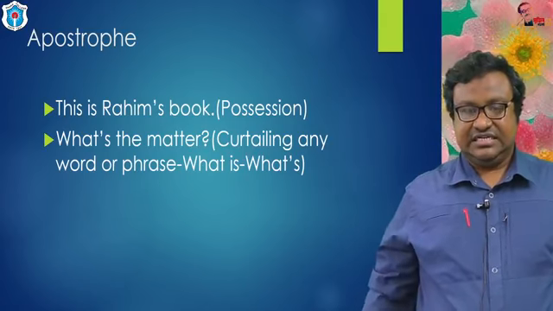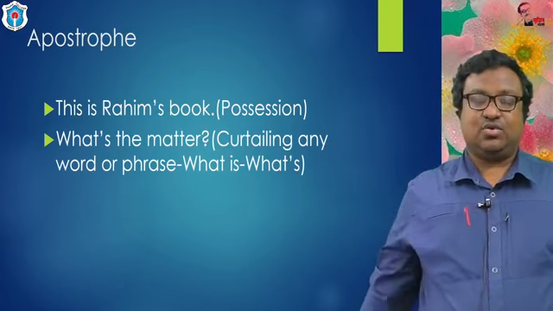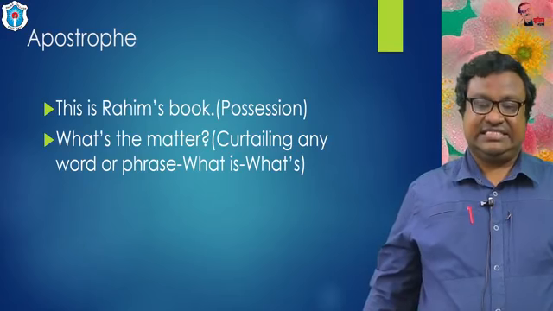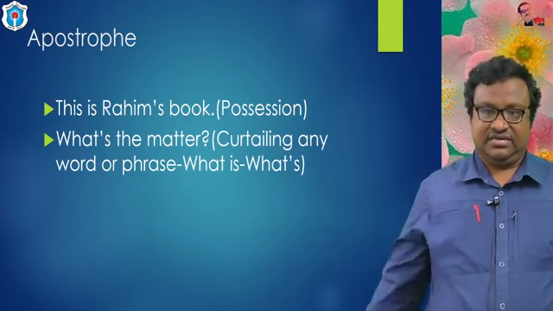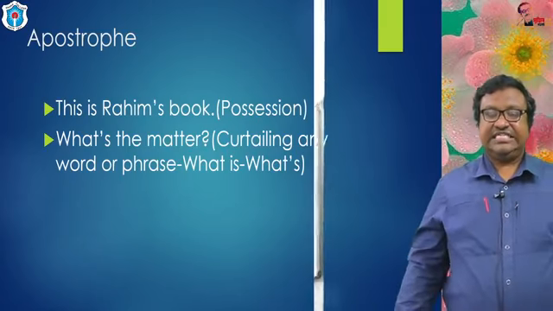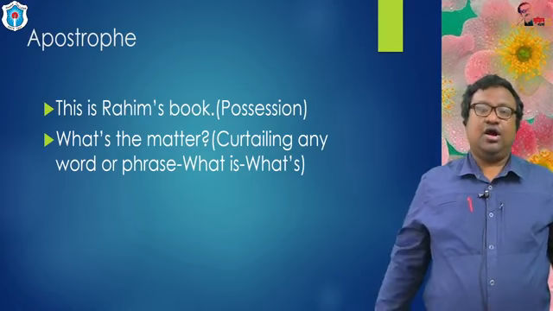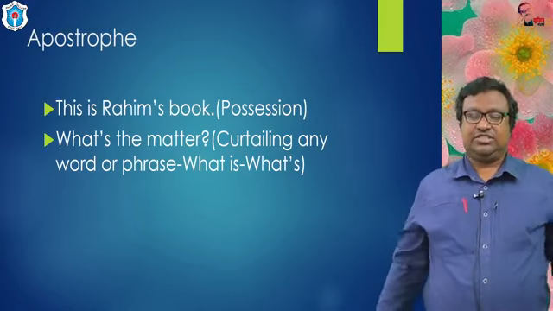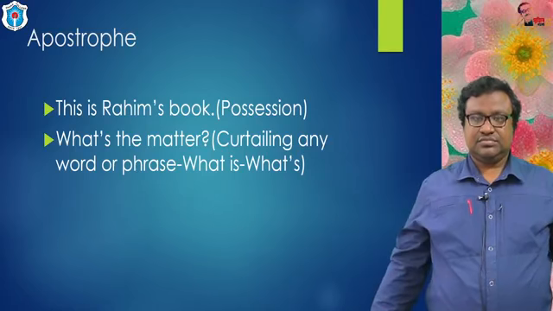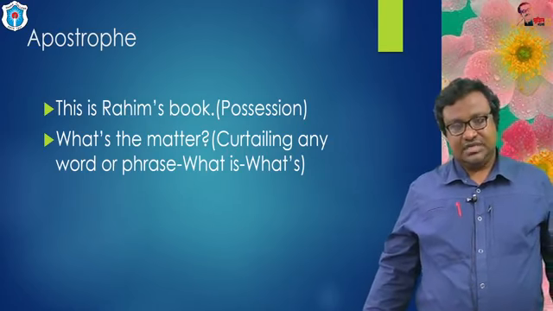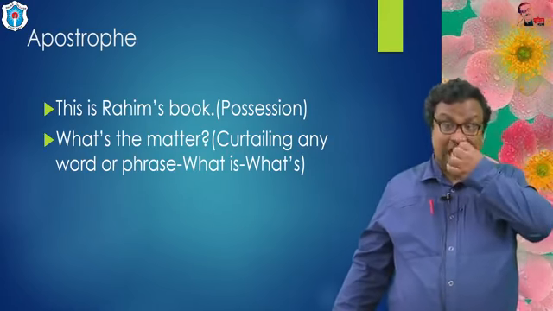What's the matter? Actually, the question should be, what is the matter? We are changing it into what's the matter? Or even shall not. Shall I not do this? We will change it into shan't I do this?